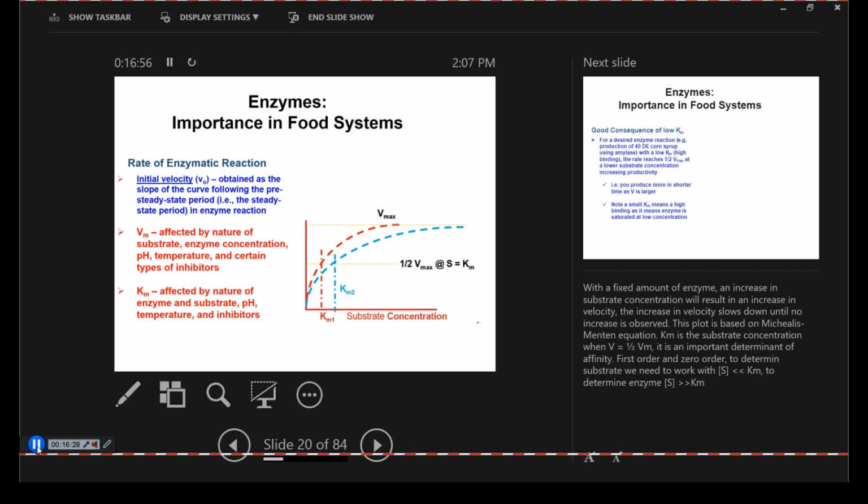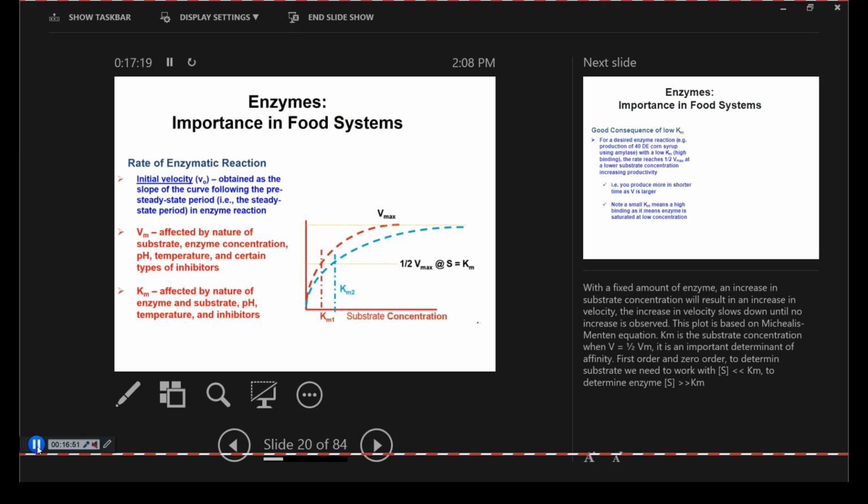So Vmax is impacted by the nature of the substrate, obviously, and the enzyme concentration, the conditions of the reaction, as well as the presence and type of inhibitors. Km is not necessarily impacted by enzyme concentration.